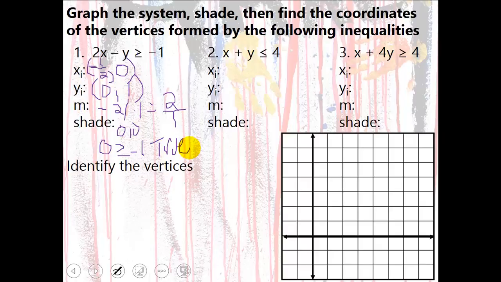Let's go ahead and graph that. So I have 0, 1. And then I have a slope of 2.